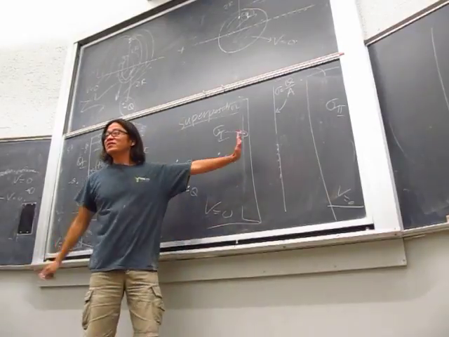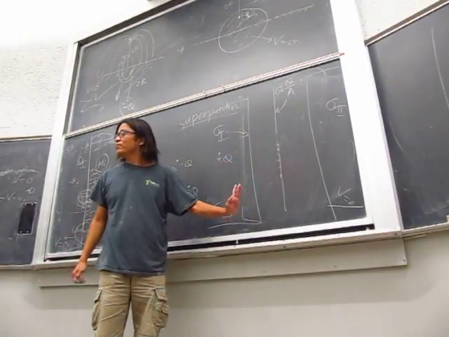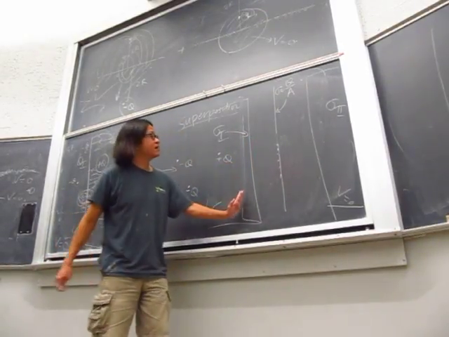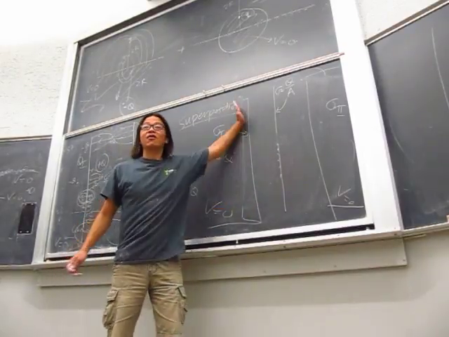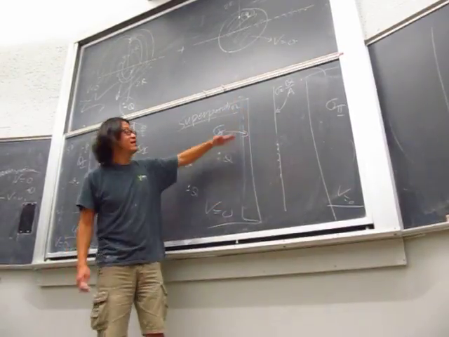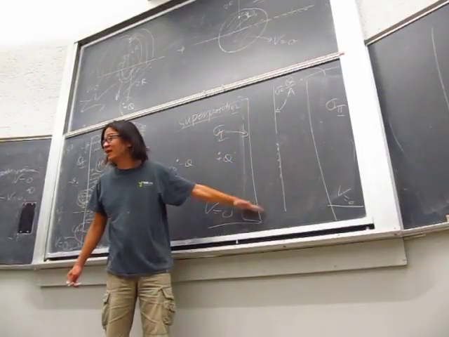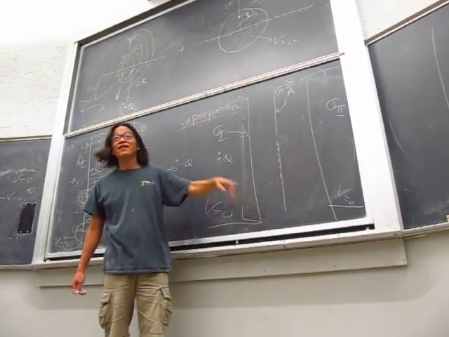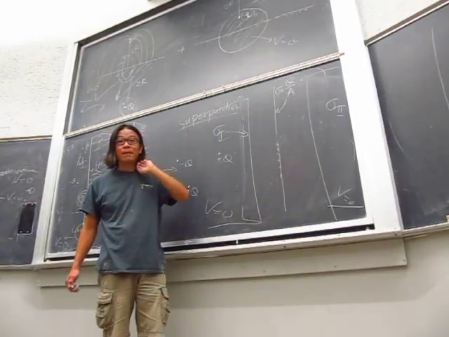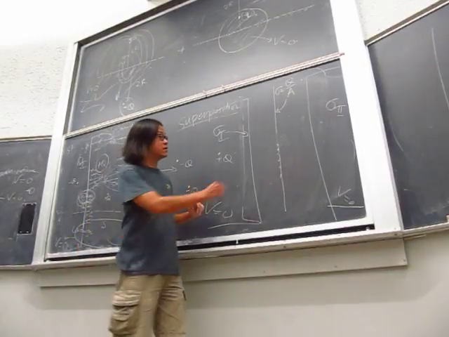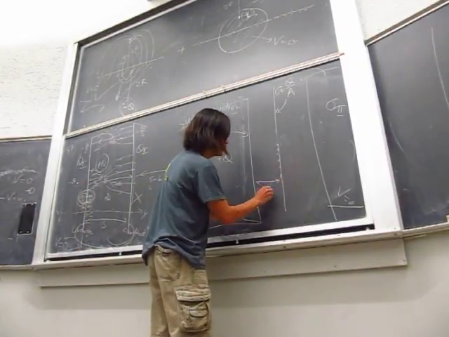The reason that we do it this way is that we don't have to worry about variation along the plane, right? The solution will be homogeneous along the plane. This is still P, and this is still S.